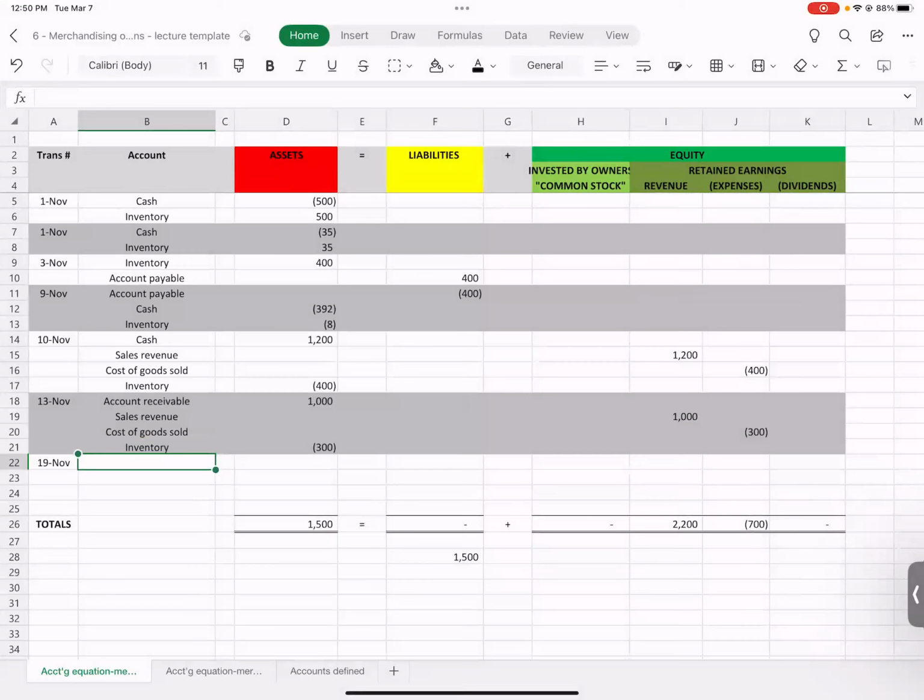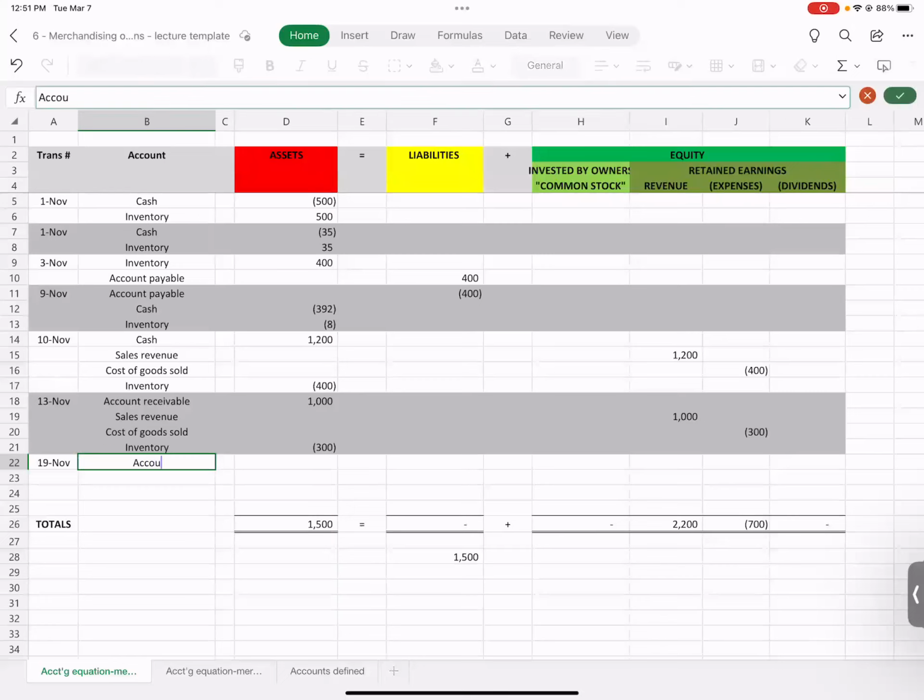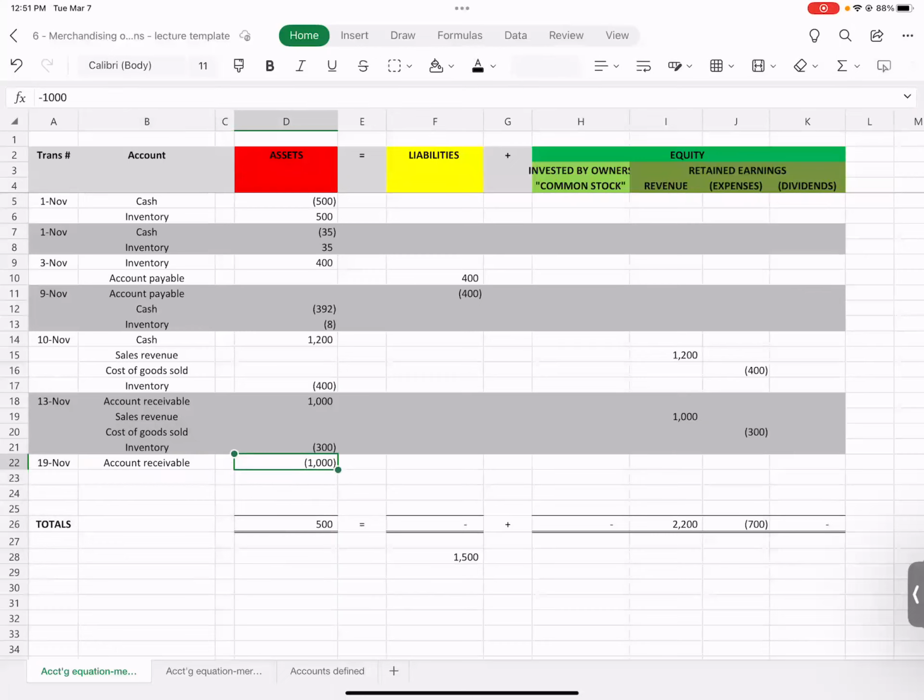November 19th. We're again going to use 3 lines, because what we have to understand is, number one, the account receivable should go down by the full amount, $1,000. They are paying us what they owe us. So this $1,000 of account receivable that we established on November 13th, we want it to go down to 0 now on November 19th.